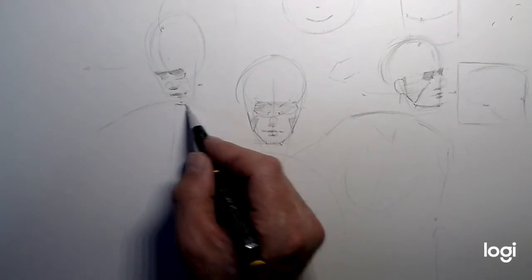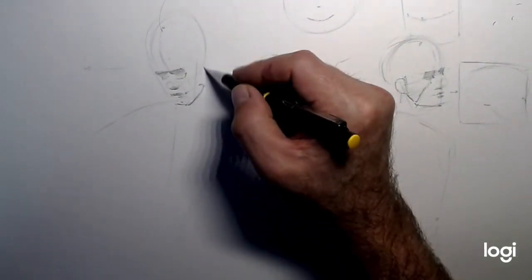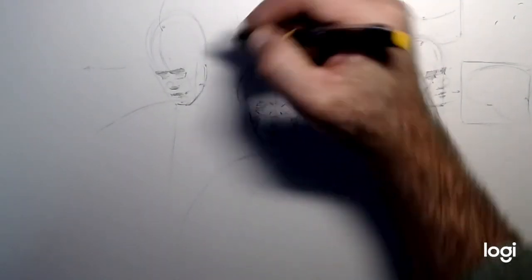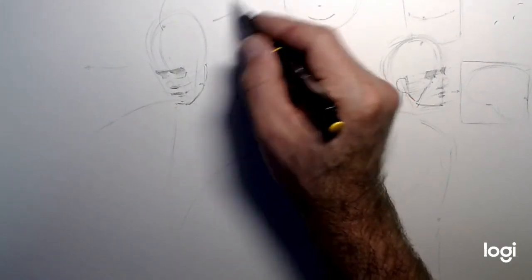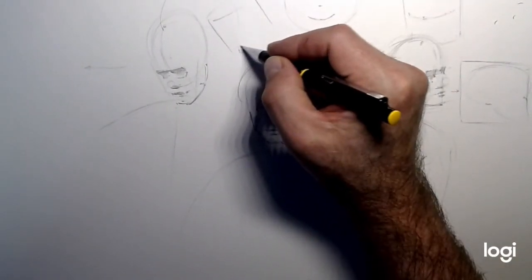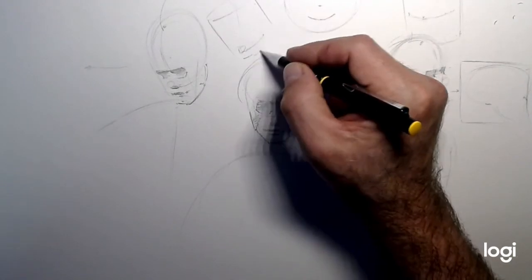I'm looking for the corners of that jaw, coming upwards over to where the ear goes, wrapping around the form here. Remember, here's a cylinder, and I've got the nose here and the mouth here, and in order to locate the ear, I've got to cross contour around the form.